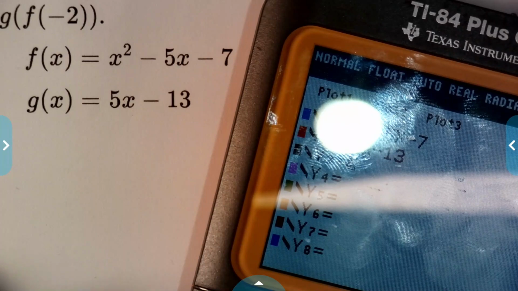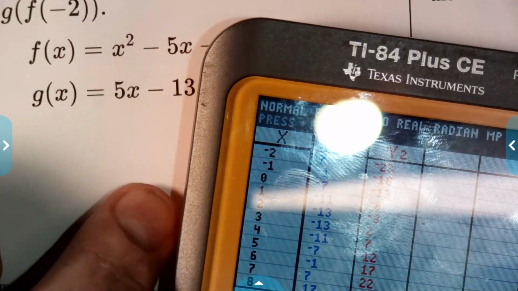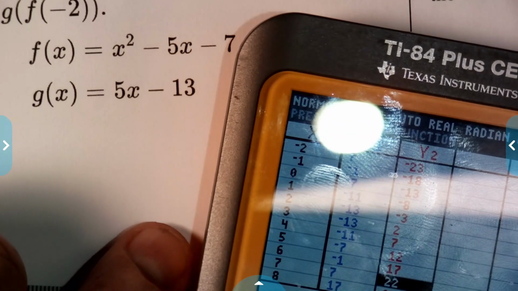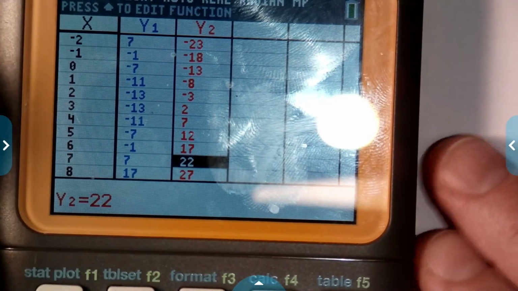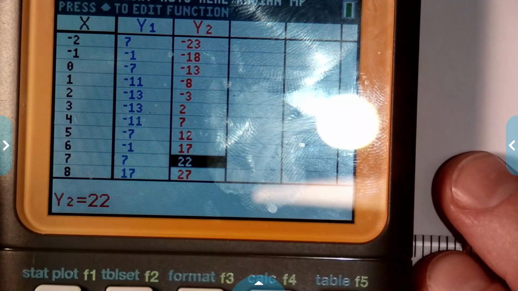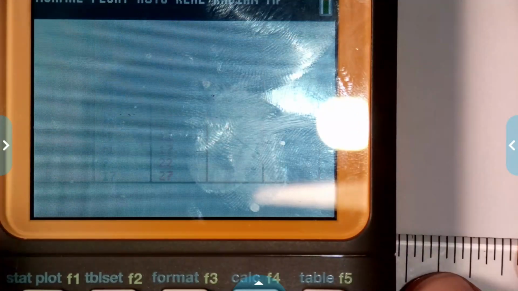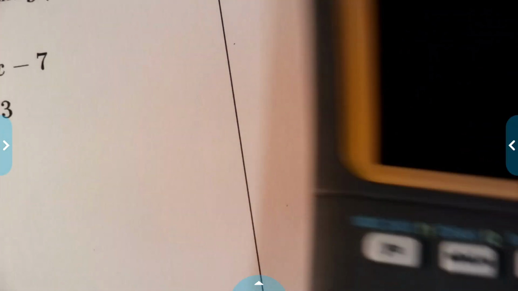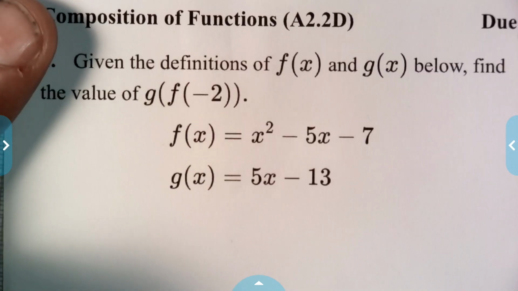Again, enter, and then second graph, and what you're looking for there is where x is 7, y on the g of x is 22. This is what they have the kids do, and it's disgusting. It teaches nothing, and this machine has absolutely no place at all in what we're about to do with this.